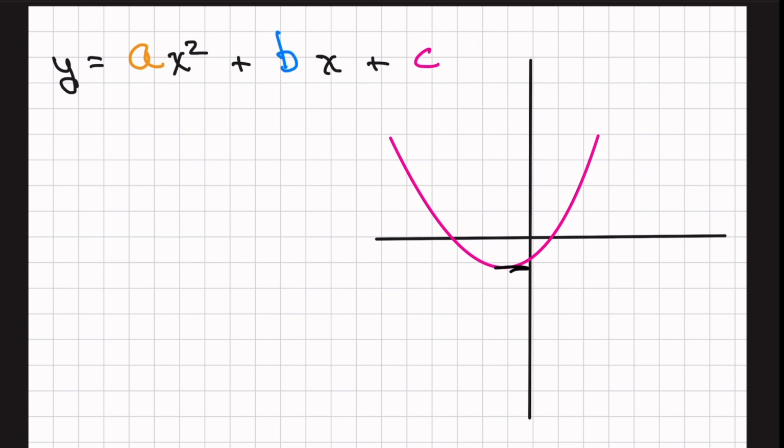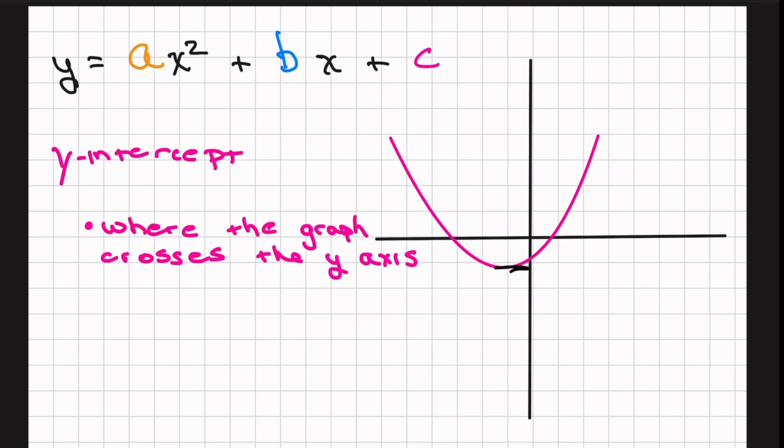Next, we're going to talk about the y and x intercepts, starting with the y-intercept. So the big thing to remember about the y-intercept is that it's where the graph crosses the y-axis. And we can see on our graph approximately where that is here. So in order for your point to be on the y-axis, your x value must be 0.